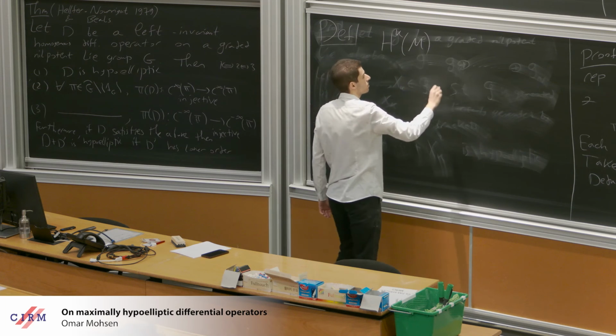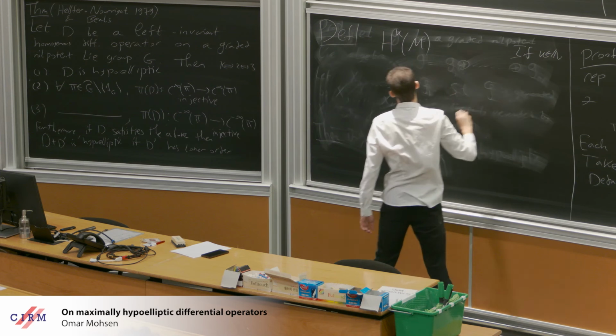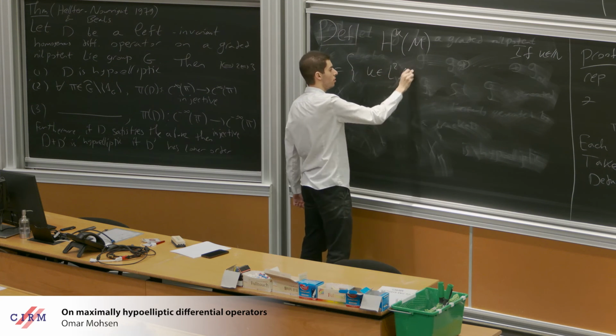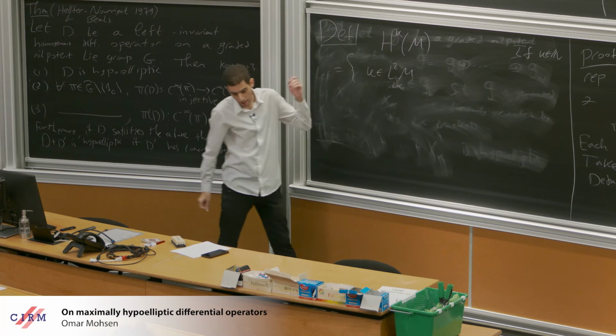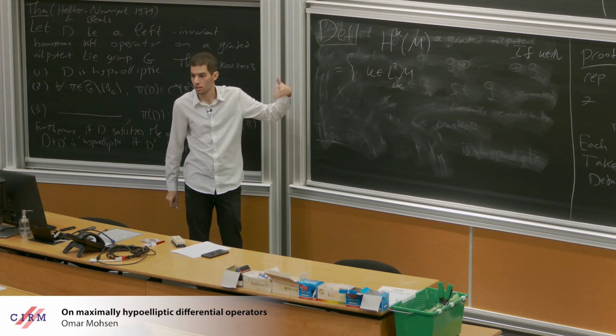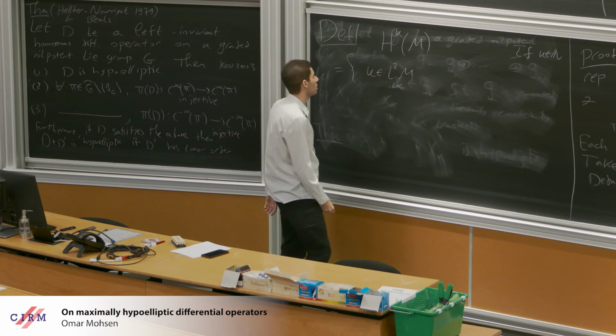So if K is in M, this thing is the set of distributions in L2 of M locally. It's not a Hilbert space because my manifold is not compact, and I only care about regularity locally. Hypoellipticity is a local condition.